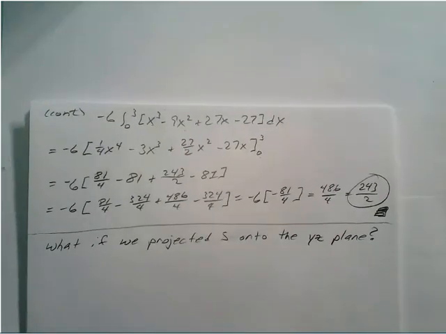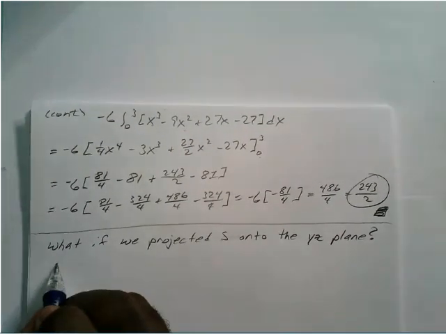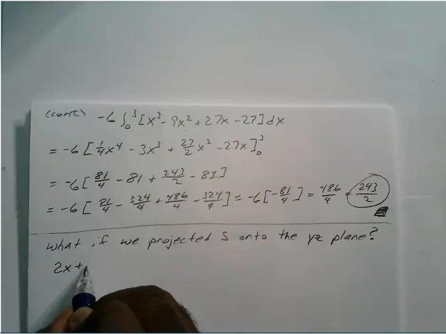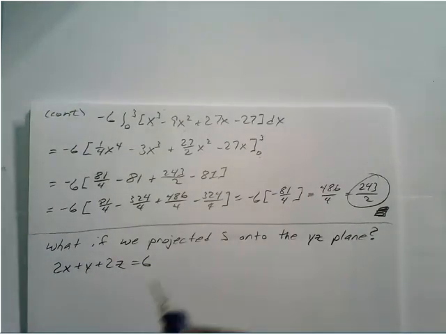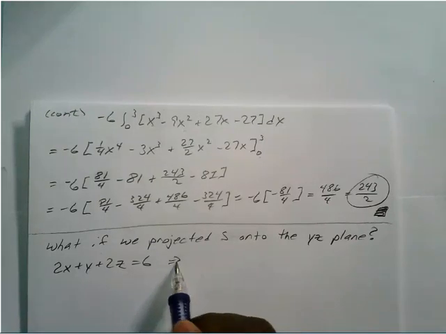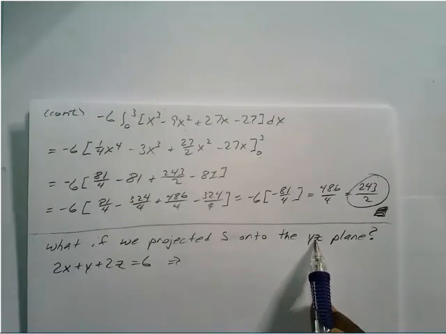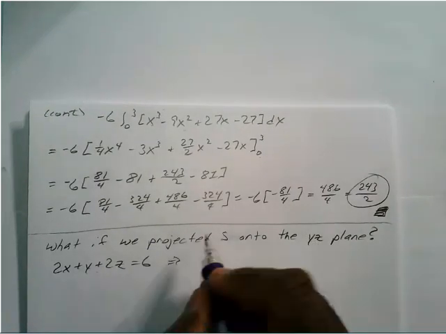Okay. Now, if we project it over the YZ plane, we still start off with our 2x plus y plus 2z equals 6. But since we're projecting over the YZ plane, we solve this for x.